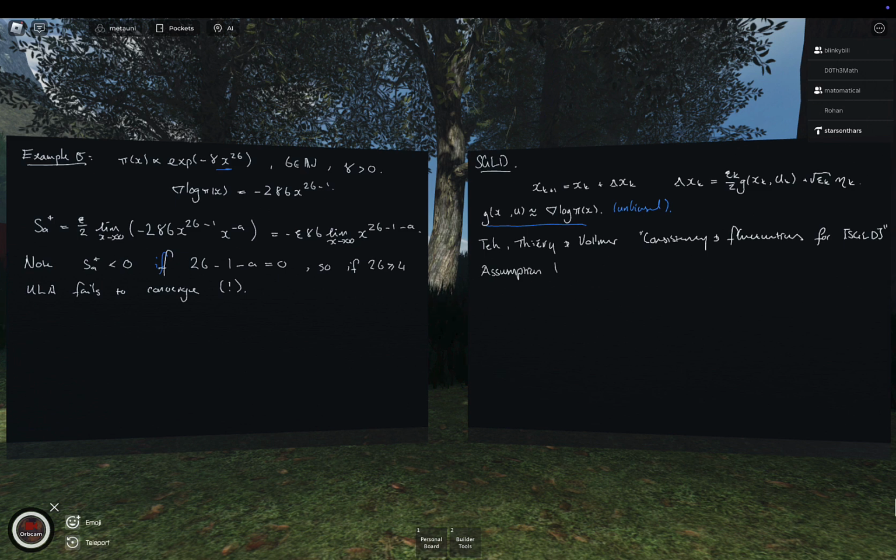The first one is what I just said: the step sizes are a decreasing sequence which converges to 0, and the sequence of partial sums of these step sizes diverges to infinity. And the more interesting assumption for us is this next one.